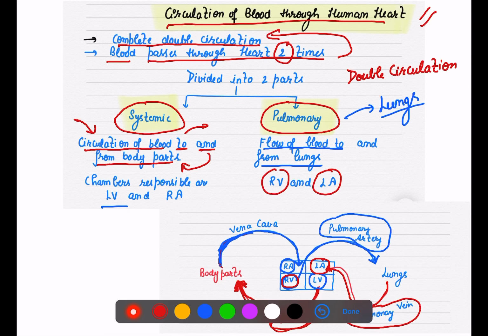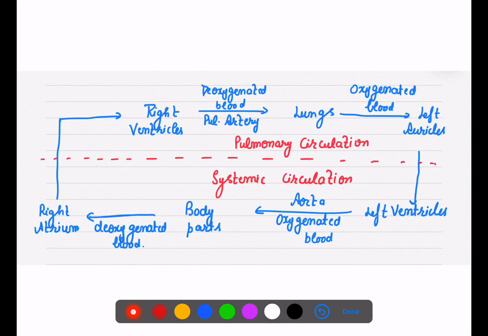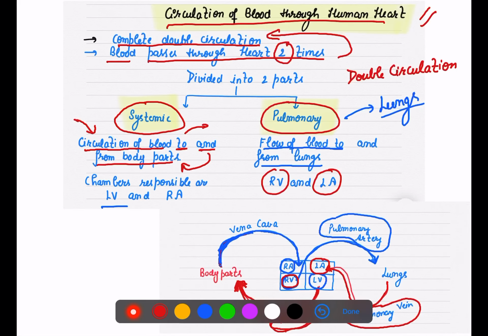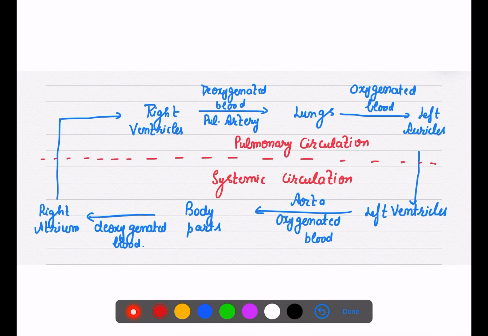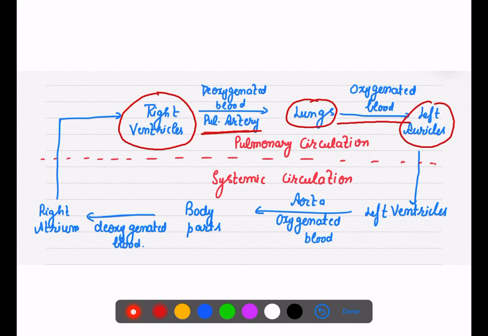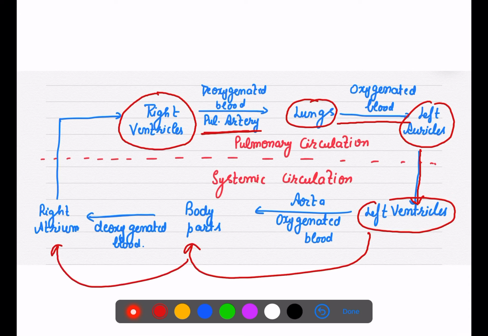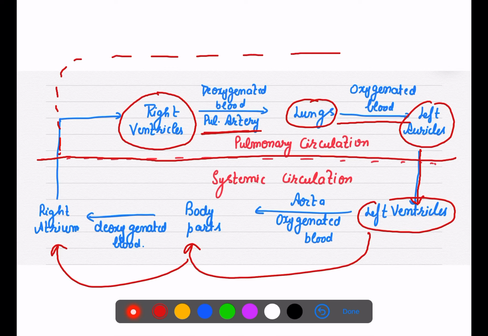So we have two types of circulation. I have made a flow chart also. From the right ventricle, deoxygenated blood moves through the pulmonary artery to the lungs, and from the lungs oxygenated blood moves to the left auricle. From the left auricle or atrium, it goes to the ventricle and then to body parts, and from body parts to the right atrium. As you can see, the upper part is pulmonary circulation.